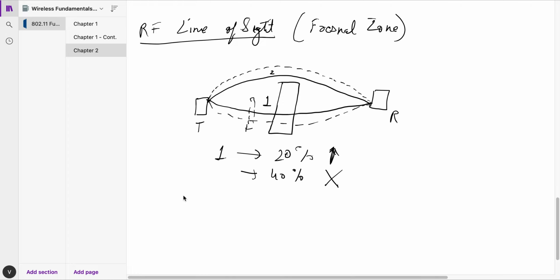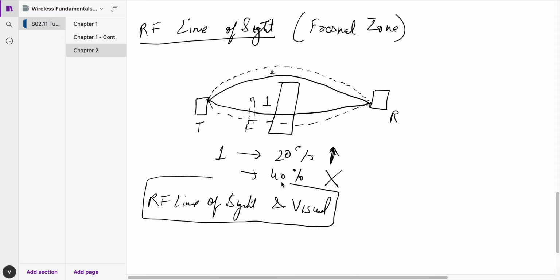Okay. So that's what RF line of sight is. It's like a Fresnel zone which we have to take care of. And so these two, RF line of sight and visual line of sight, they both need to be clear for the link to be reliable and for RF communication to happen properly.